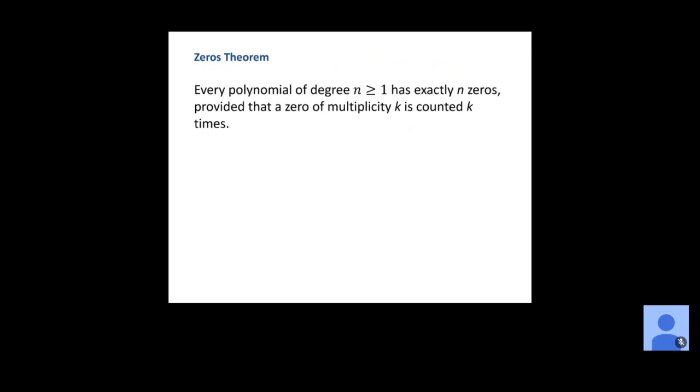Okay, so if we look at the degree of a polynomial, that's going to tell us how many zeros we have, provided that a zero of multiplicity k is counted that many times. Okay, so if you remember back when we talked about multiplicity of our zeros, just make sure that you're counting that zero that many times. And then as long as you do that, once you add up all of your zeros, it's going to equal whatever the degree is. Okay, so like I said on that previous one we just did, the degree there was 3. That's what told me there should be 3 zeros to that polynomial. So once I found the one real one, I knew there had to be two others, and I knew they had to be imaginary. Okay?